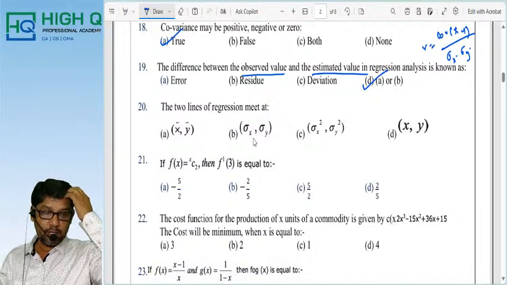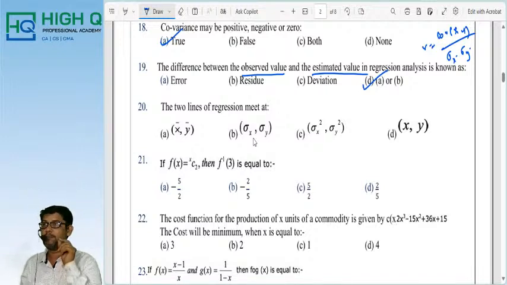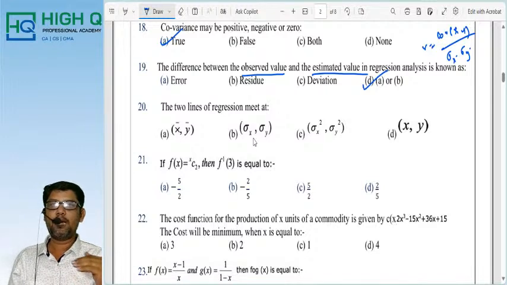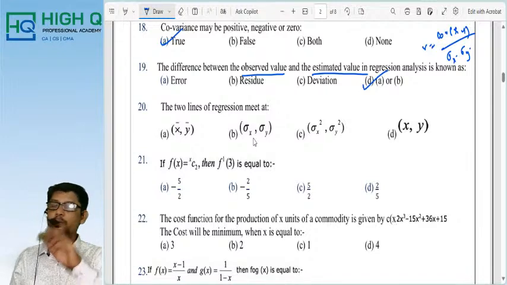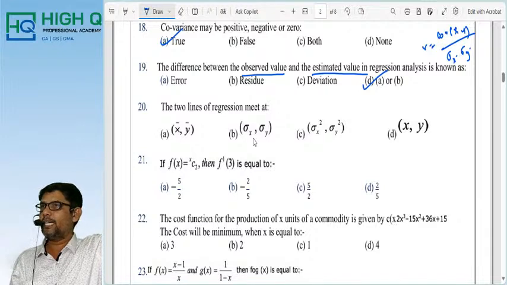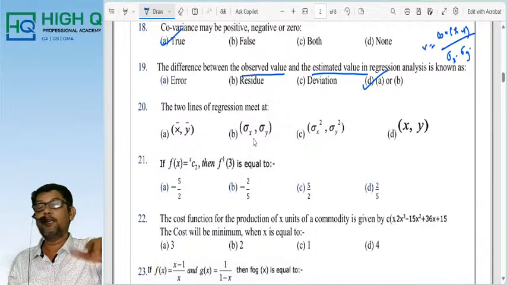First of all, we should understand what is meant by observed value and what is meant by estimated value. I always used to tell you, for example, after completing your CA Foundation exam or 12th standard board exam, you would have come home and said to your mother, Mummy, I will be scoring more than 90%. But after the 12th board exam, if you scored 92%, mummy is okay.